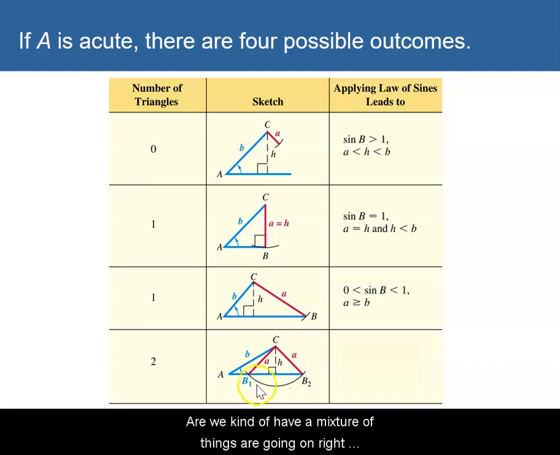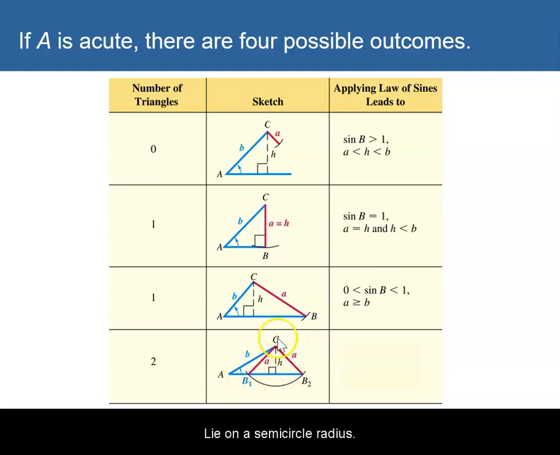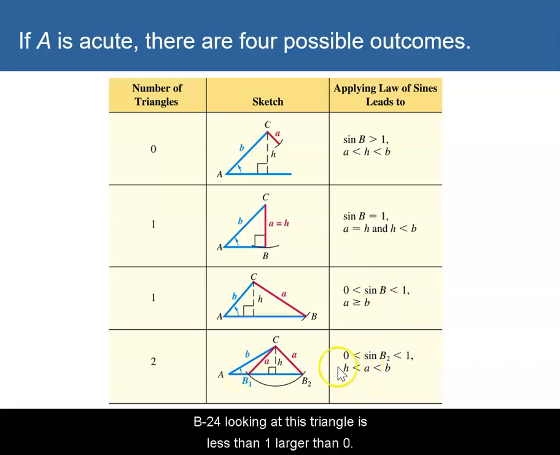And for the next part, for 2 triangles, here we have a mixture of things going on. You can see that B1 and B2 lie on a semicircle of radius A, and both of those connect to the length of the side C. Here, sine of B2, if we're looking at this triangle, is less than 1 and larger than 0.